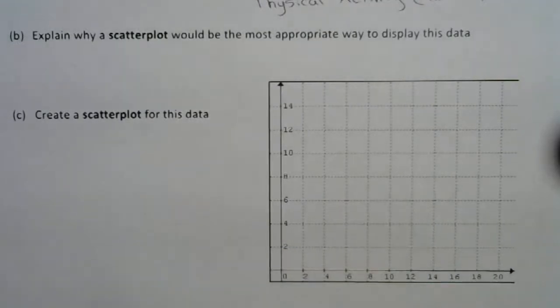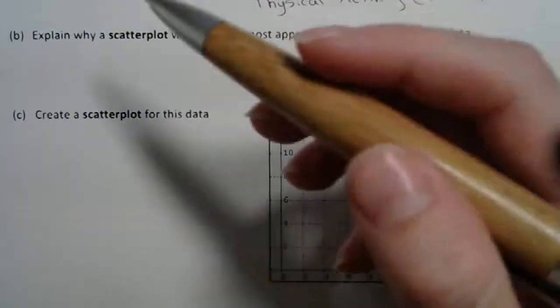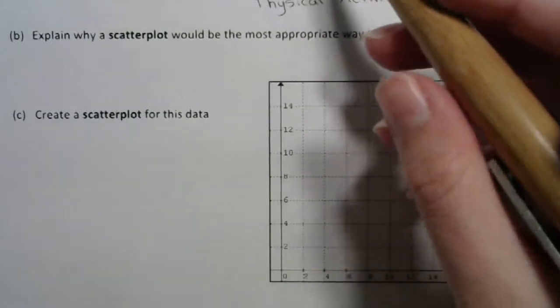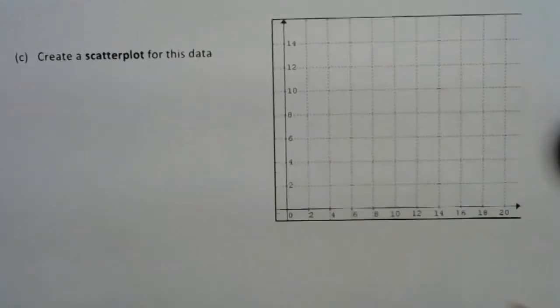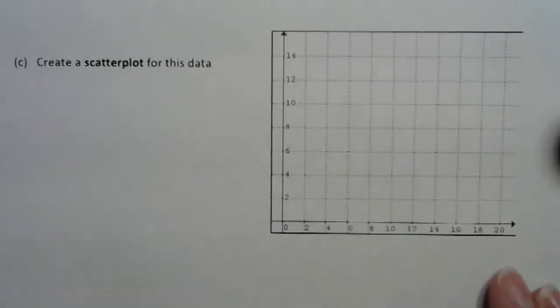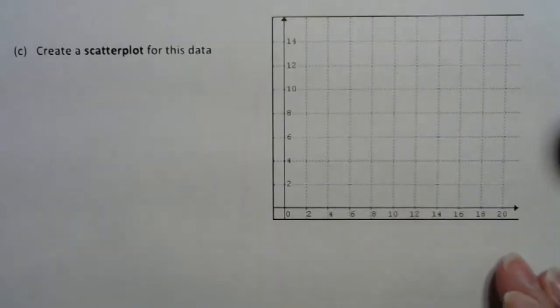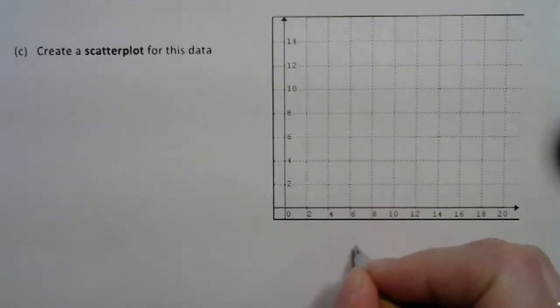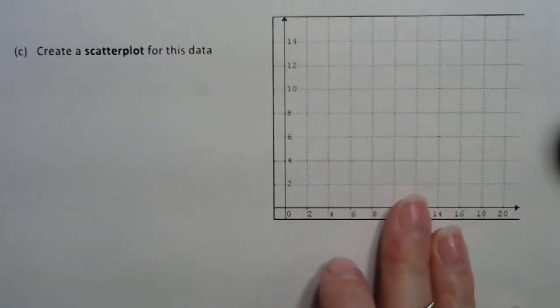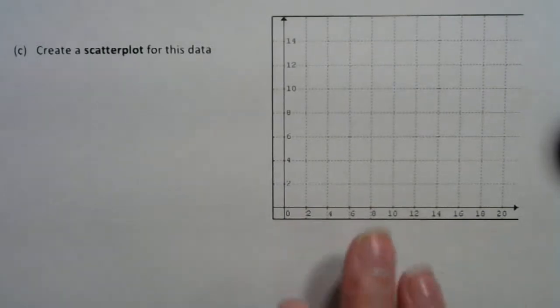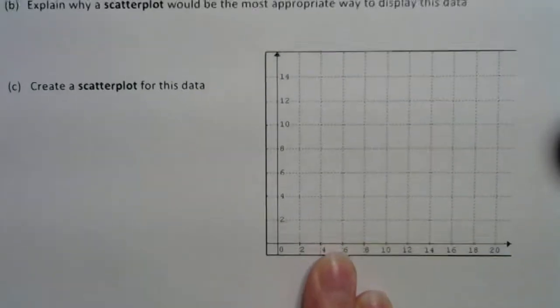Explain why a scatter plot would be the most appropriate way to explain this data. Because you've been given 2 variable data, you have a set of ordered pairs. So you can have an independent and a dependent variable. In order to create a scatter plot, the first thing you have to decide is which of your 2 variables is going to be the independent and which is going to be the dependent.